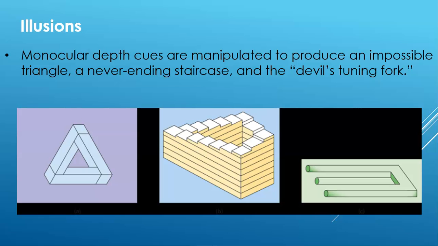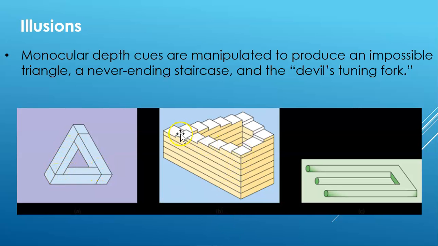So this is, instead of using 3D images or like the Muller-Lyer illusions, these monocular depth cues are taking 2D images, but using shading or lines to make them appear 3D, but create impossible images that don't make sense.